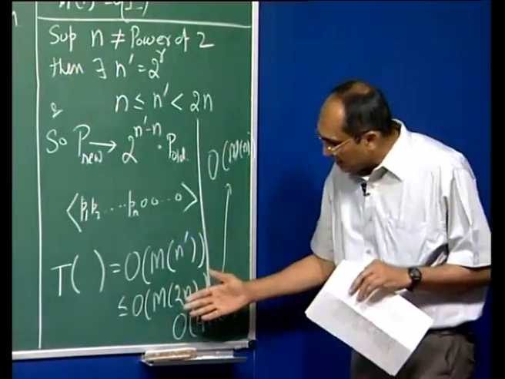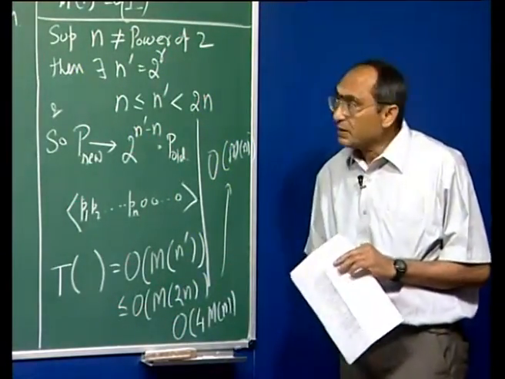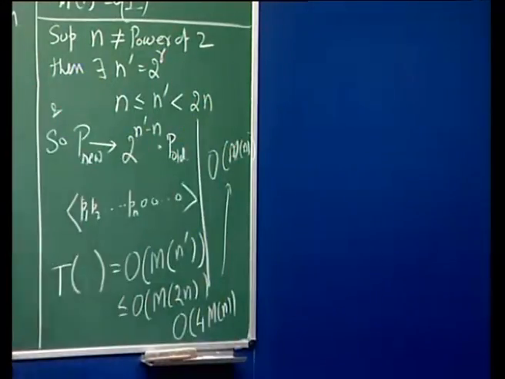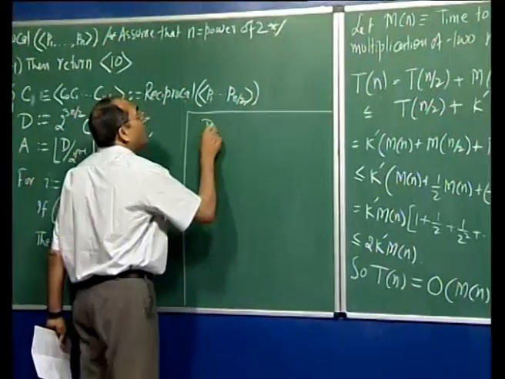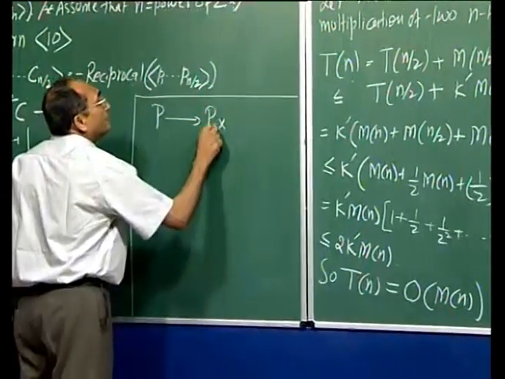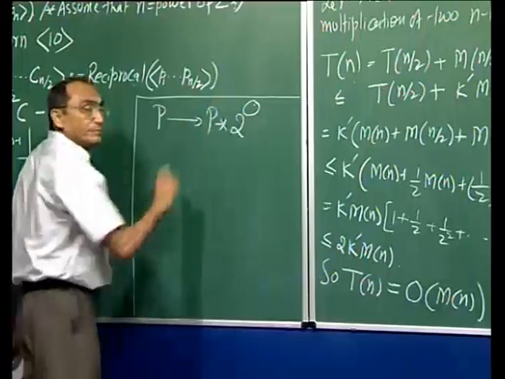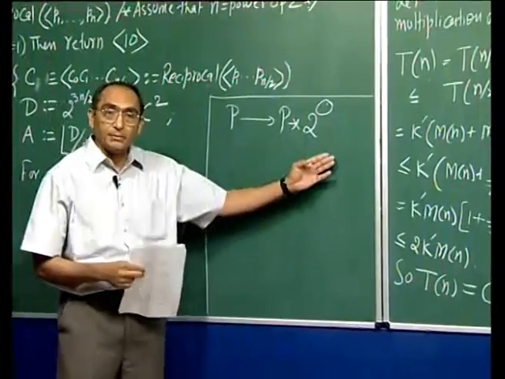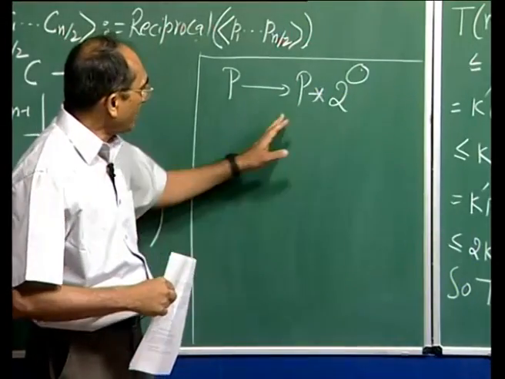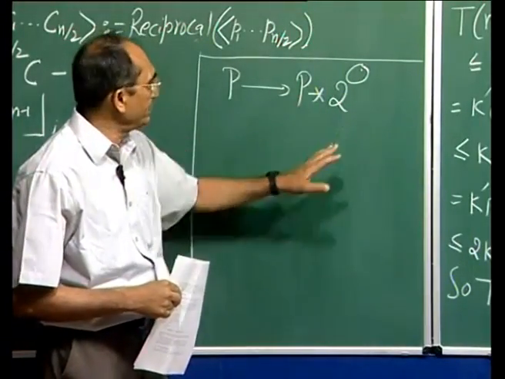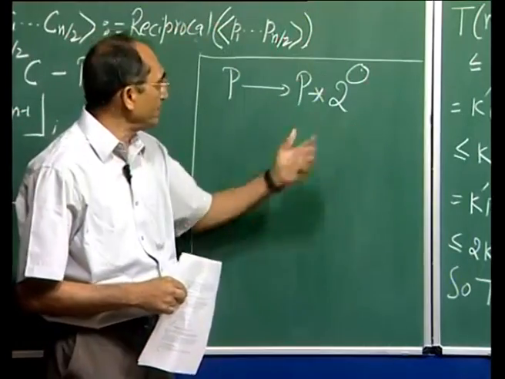Well, this trick really points out that if you want higher accuracy in the reciprocal, then you replace p by p times 2 power something, to make it a larger number. So instead of n, we have some n prime bits, and it has to be a power of 2.